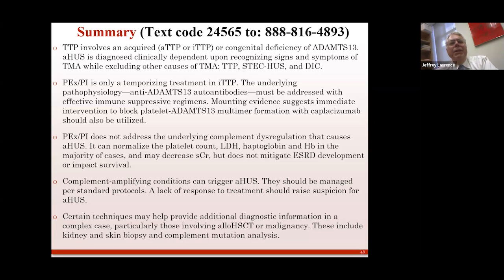But a lot of times it's really unknown. The population that's most at risk and that we're most concerned about in terms of close follow-up are African-American women, particularly Afro-Caribbean women. Afro-Caribbean women in general have a higher incidence of autoimmune diseases, and basically acquired TTP is an autoimmune disease, so that's not surprising.